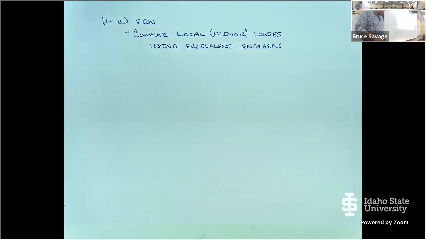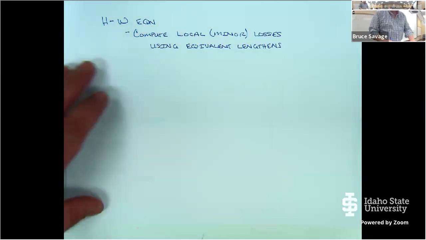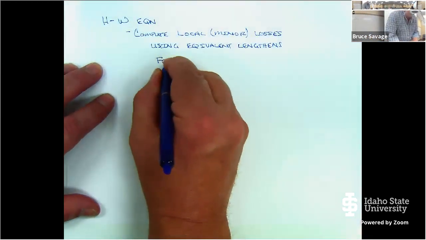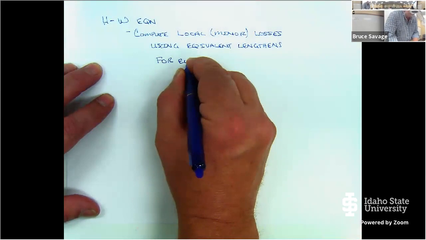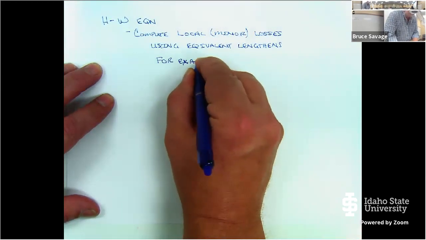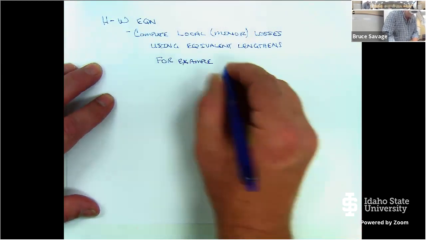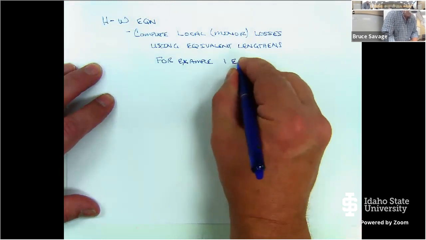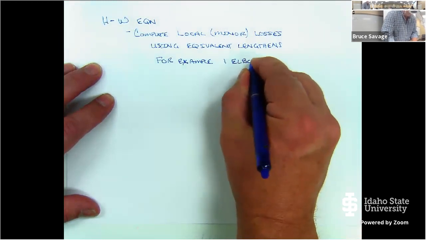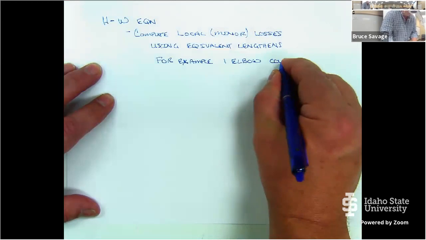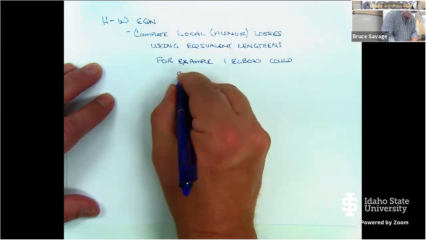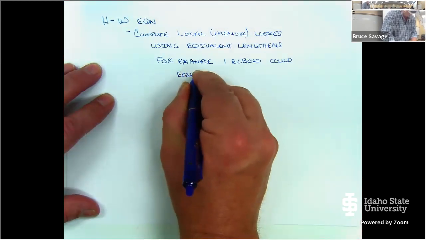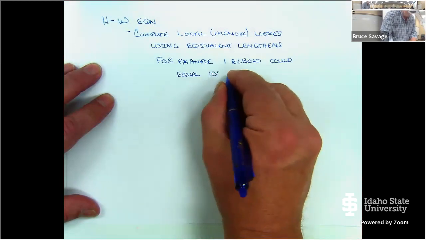For example, one elbow could equal 10 feet of pipe.